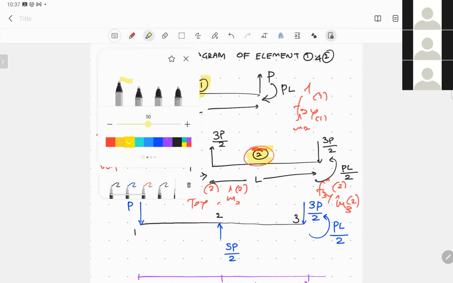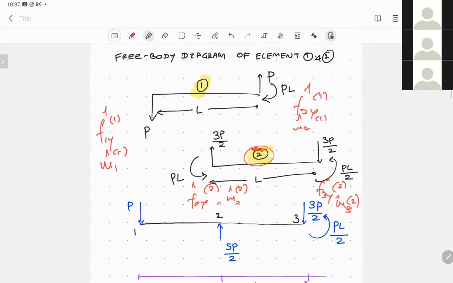If you consider the total forces applied, you have a negative force applied at node number 1. Moving on to node number 2, we encounter 2 forces.